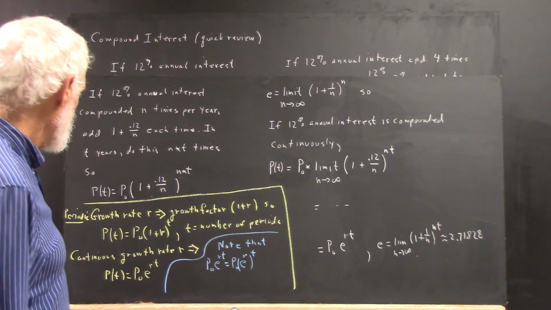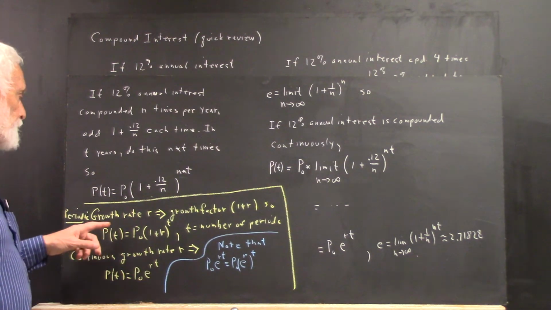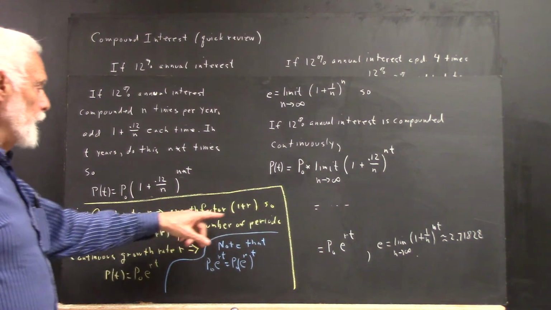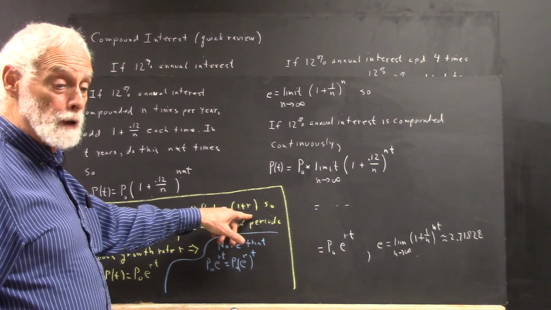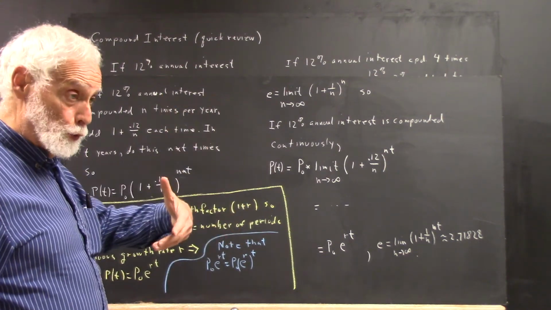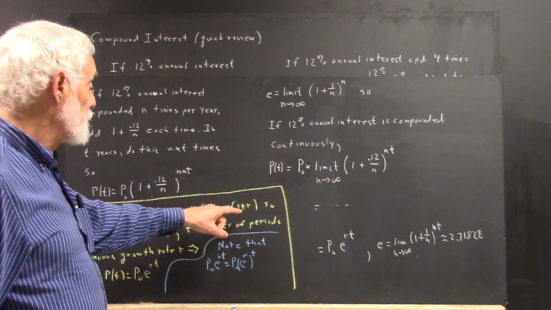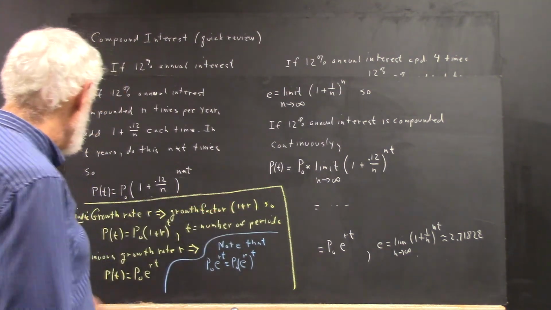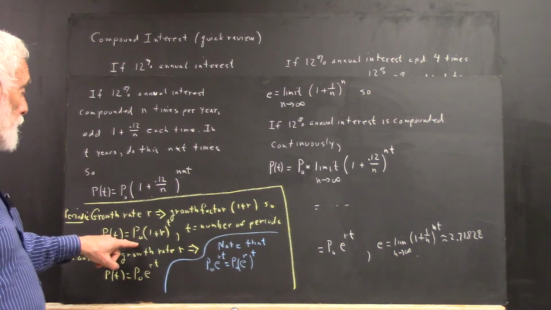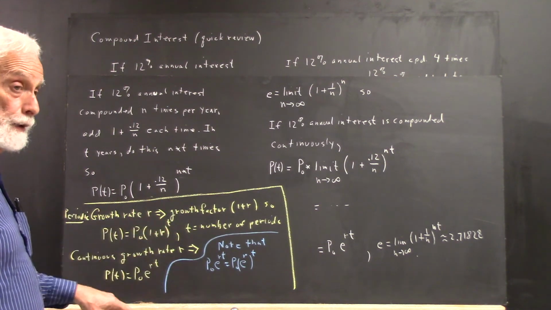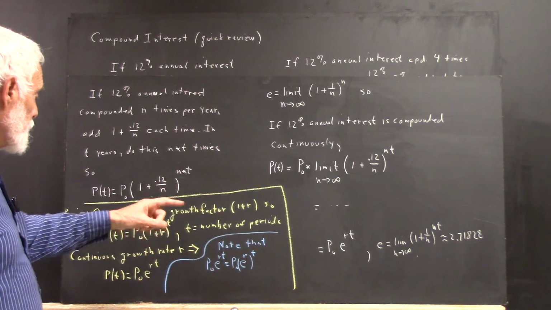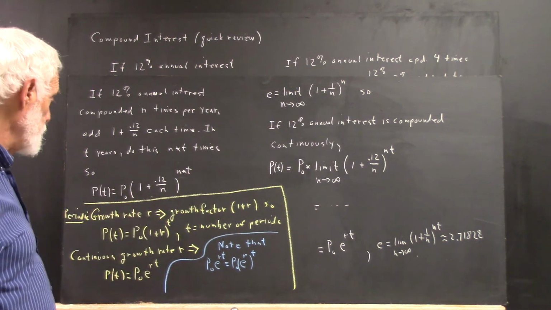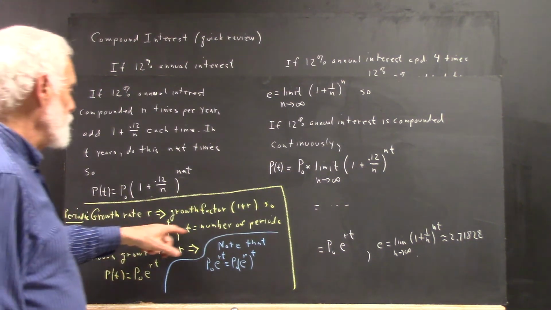A couple things here, a little terminology you might see. If you have a periodic growth rate r, your growth factor is 1 plus r. So if your periodic growth rate is 0.12, then your growth factor is 1 plus 0.12, 1.12. And P of t would then be P naught times 1 plus r raised to the t. In this case, if r is 0.12, it's 1.12 raised to the t. And t is your number of periods.